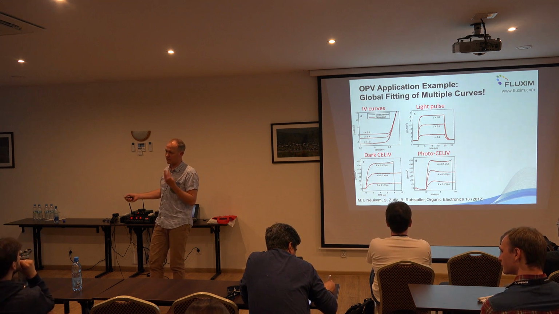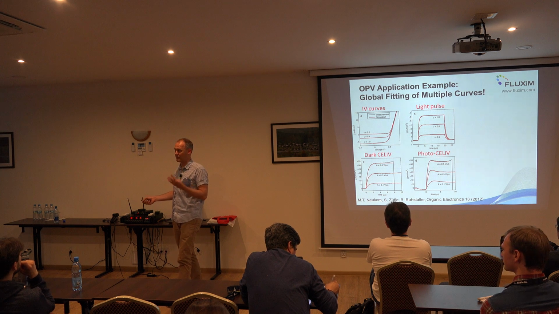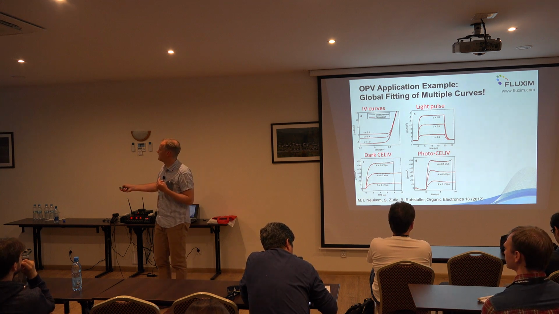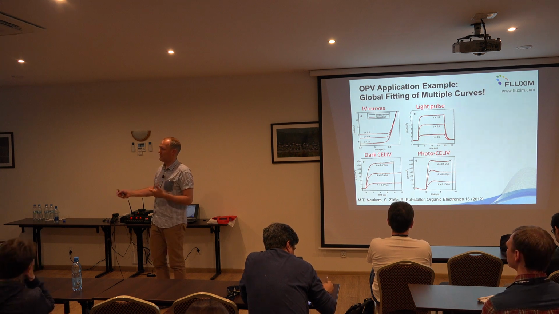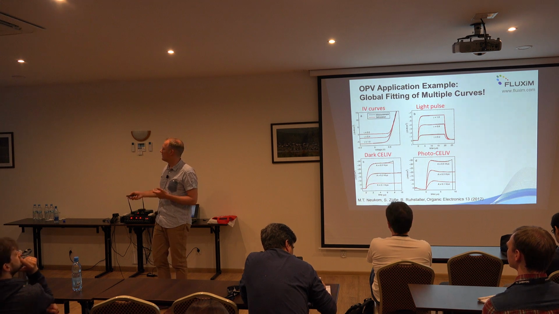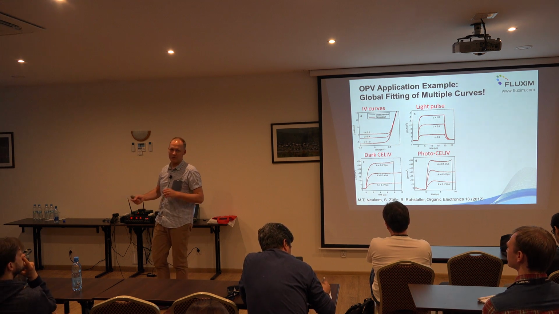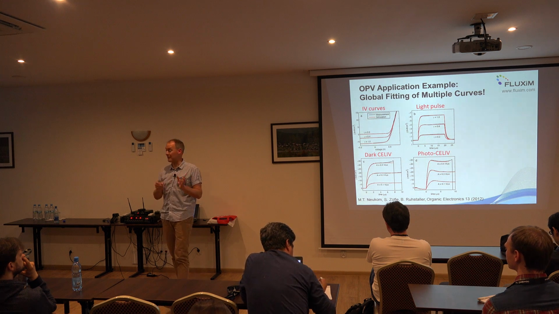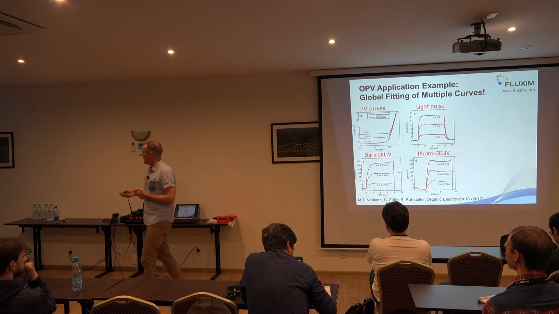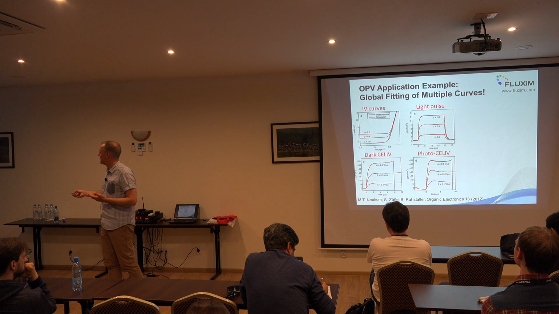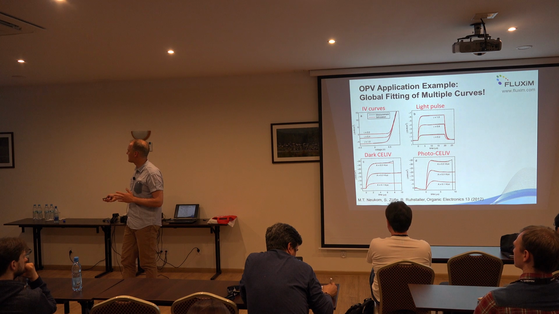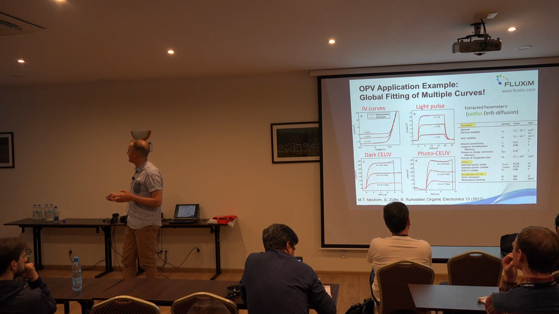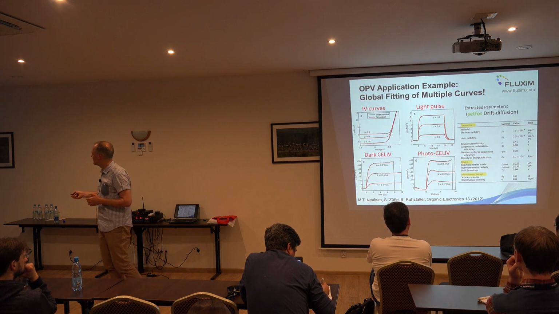So we combined 4 data sets of 4 different experiments: steady state, light pulse, dark CELIV, and photo CELIV. Dark CELIV means that you apply a voltage ramp without prior light pulse, without any light, but photo CELIV you apply a light pulse and then a voltage ramp to extract the photo carriers. So these are in total 12 measured curves, and then the fit result is the list of parameters here.